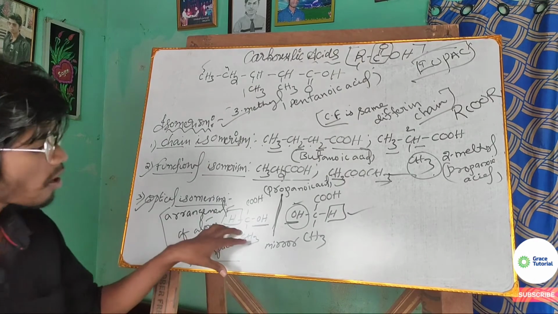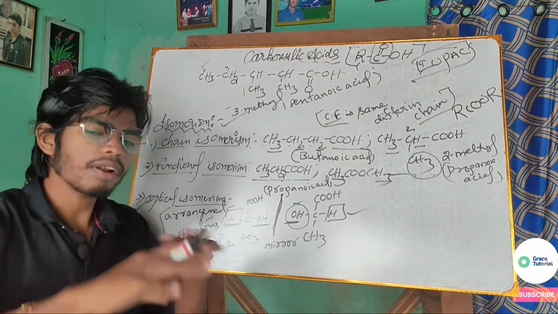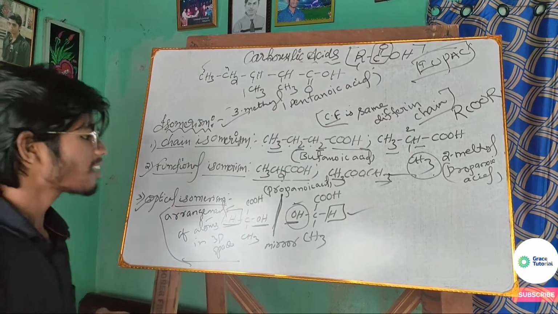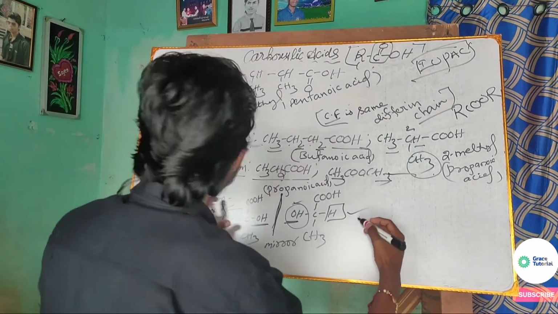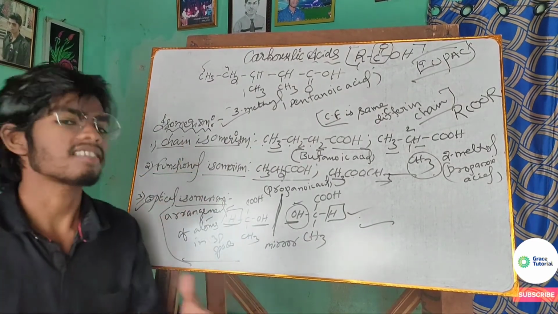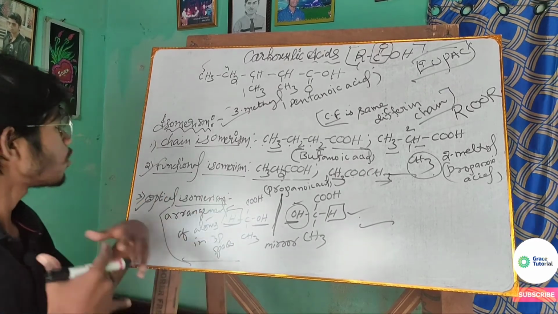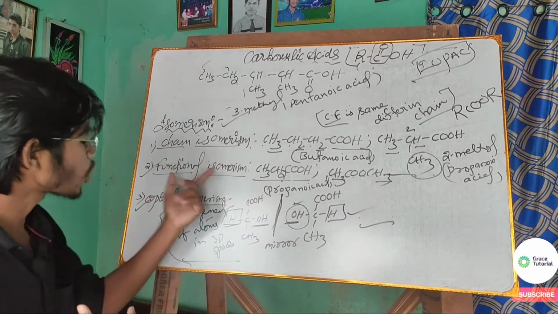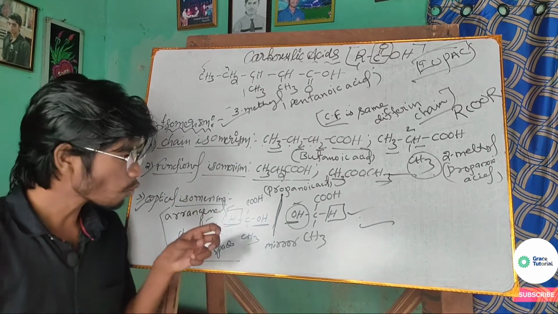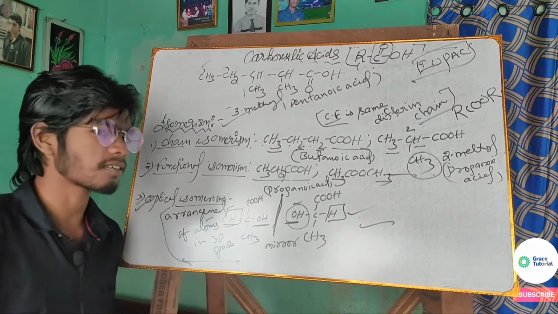That means an alternative image of the compound is formed, and so optical isomerism can also be shown by carboxylic acids. In this way, carboxylic acids show chain isomerism, functional isomerism, along with optical isomerism. So this is all about the isomerism shown by monocarboxylic acids.